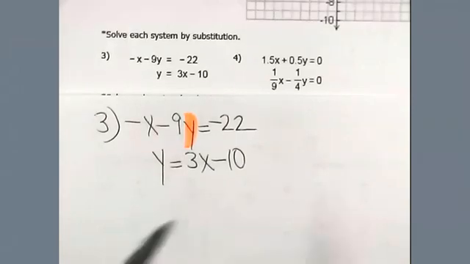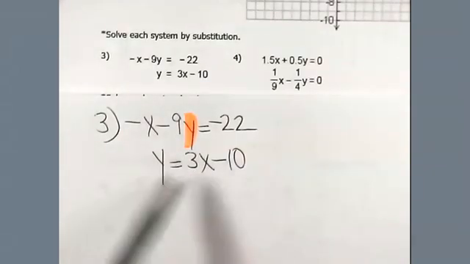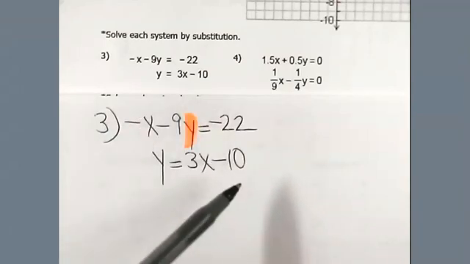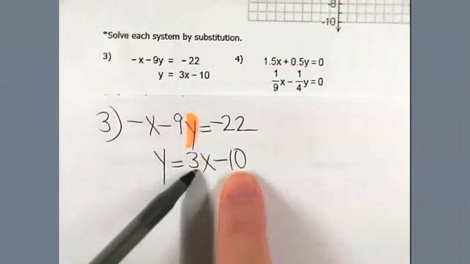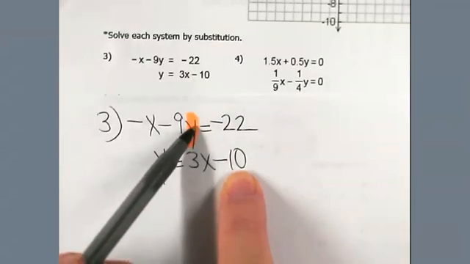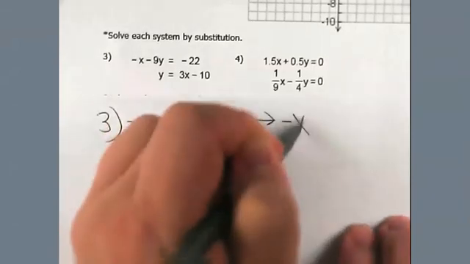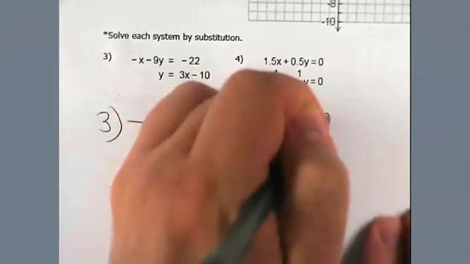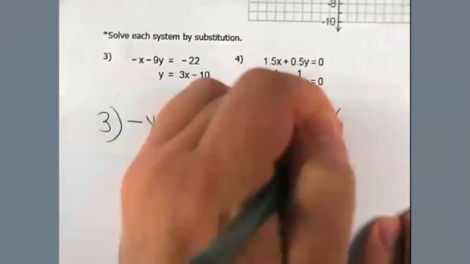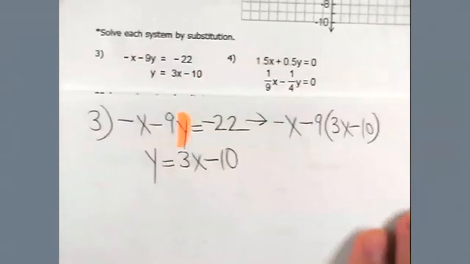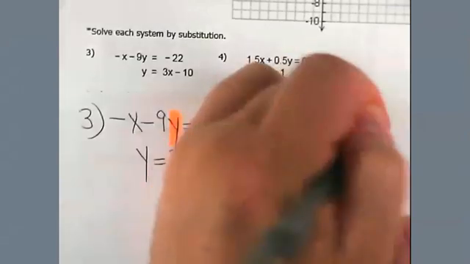It's like this is a document or a sentence in Microsoft Word, and you're taking this expression and copying it and pasting it in place of y. So over here we have negative x minus 9 times (3x minus 10) equal to negative 22.